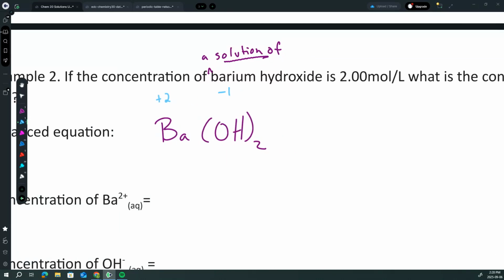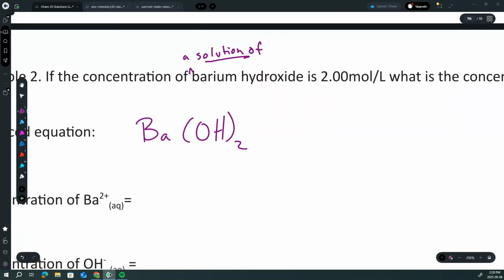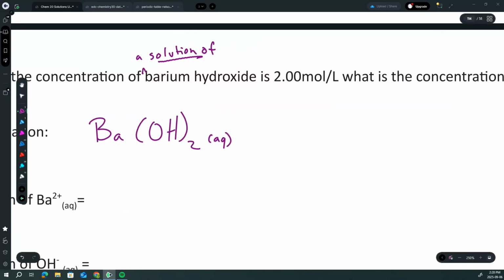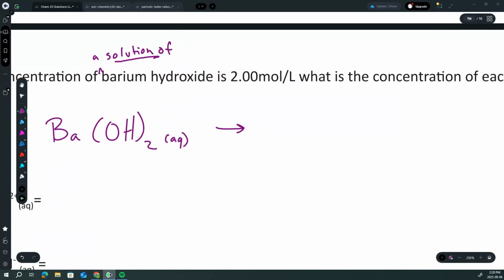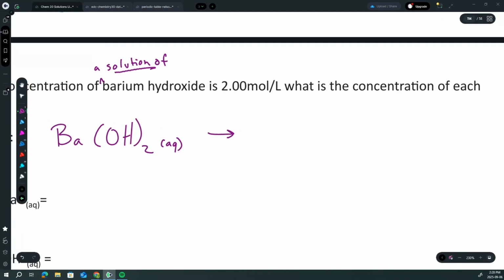Not the charges, just the numbers. And since we have a solution, how we translate the word solution into our chemical equation is we write that this is aqueous. And then we go to our cation, so barium 2+, aqueous, plus hydroxide.